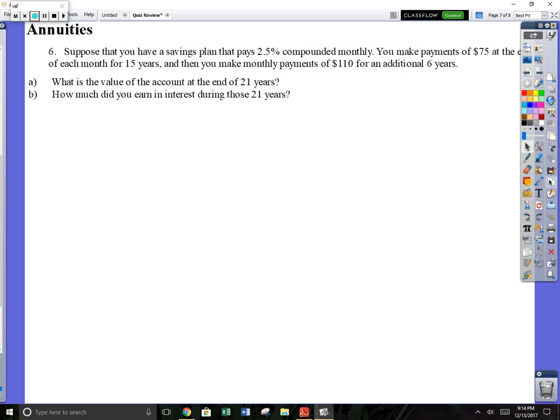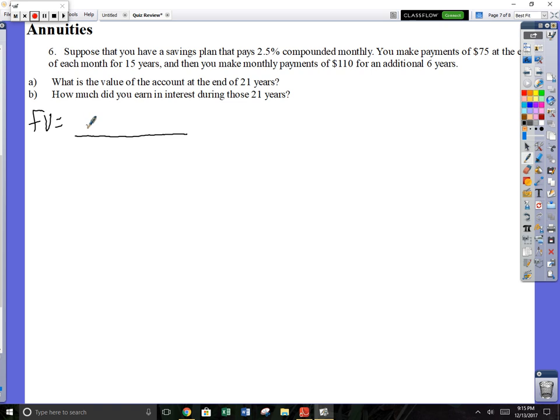Now, here we go. We're going to have to do it in 3 parts. So let's do this first part. We are going to get a 2.5% return, compounded monthly, $75 payments. So our future value is this big fraction.